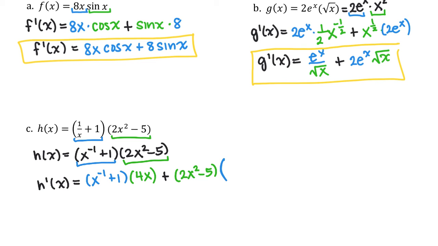So I'm going to bring down the negative 1, so that's negative 1, x to the negative 2, plus 0. I'm going to make it look a little nicer. Actually, I'm going to put the fraction back. 1 over x plus 1, because I think it's going to be easier to distribute.